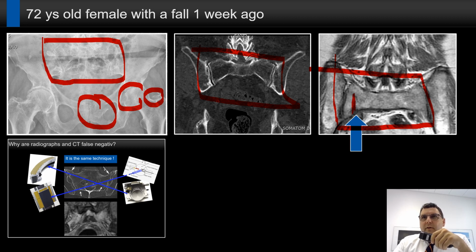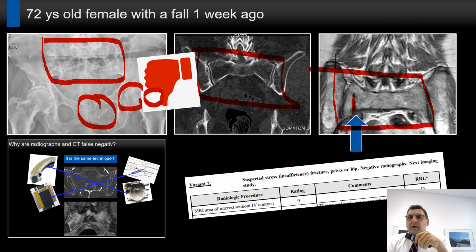So if you want to see anything in these highly osteoporotic patients, you should go for MRI, because in MRI you can see the bone marrow edema and accordingly the fracture. And it makes no difference if you perform an X-ray or a CT, because basically both are the same technique. So you need to change the technique.